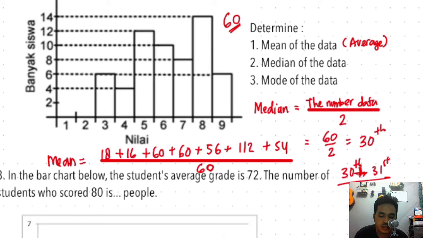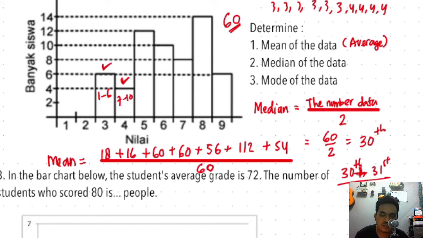We know that 6 data is over here, and then 10 data is over here. Right? So data 1 to 6 is 3. 1 to 6, yes, 3, 3, 3, 3, 3, 3. And then data 7 to 10 is 4, 4, 4, 4, right?